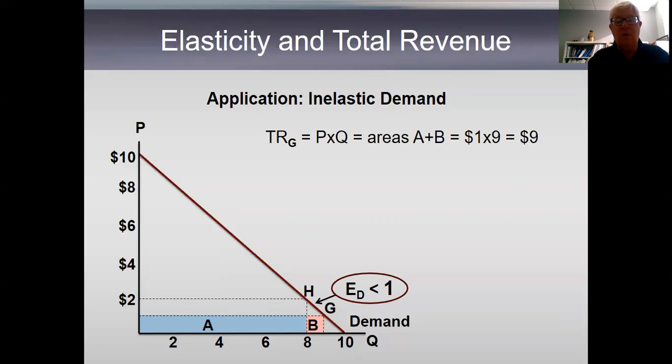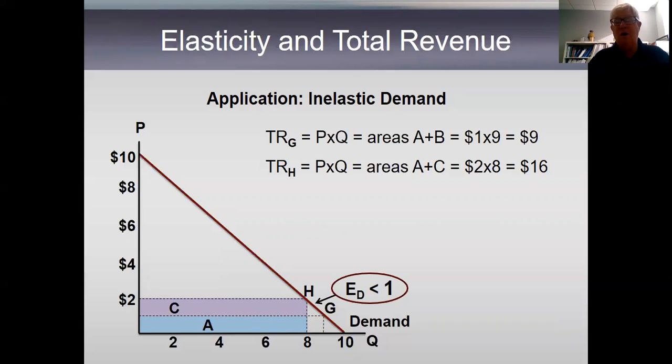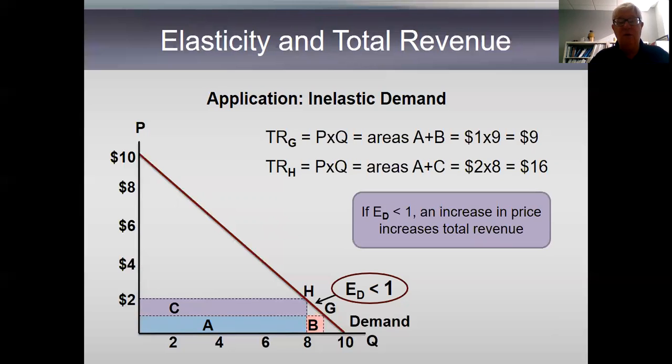If we increase the price from 1 to 2, the quantity demanded will go down from 9 to 8, but not enough to offset the change in price as far as the revenue is concerned. Revenue is now 2 multiplied by 8, so it goes up to 16. So here in the inelastic area, if you raise price, you get an increase in revenue.